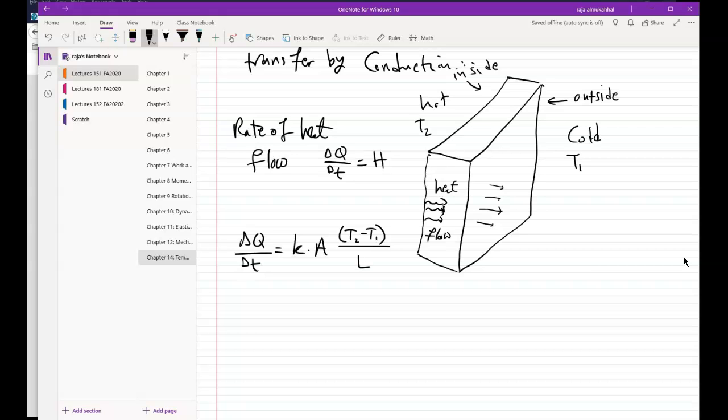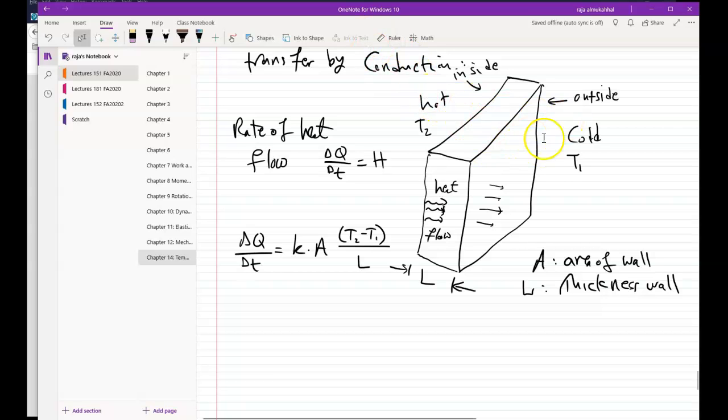So what does that mean? A is the area of the wall. We are assuming both areas are the same. L is the thickness of the wall. T2 minus T1 is the difference between the two temperatures, hot and cold.